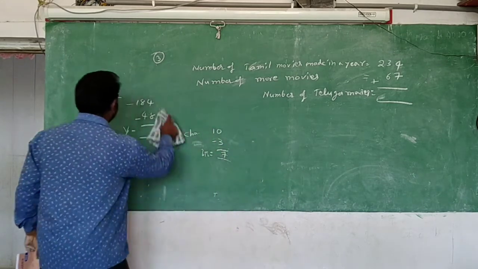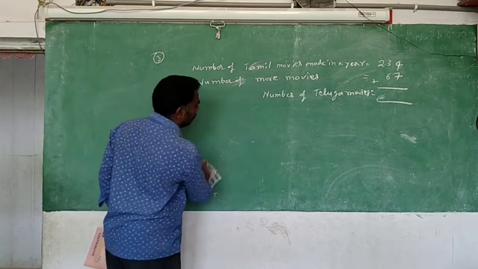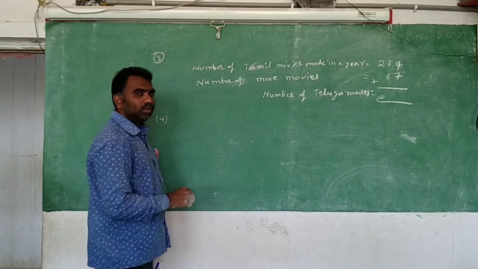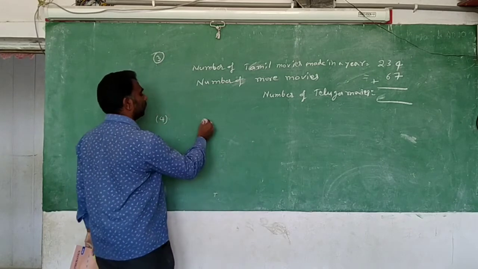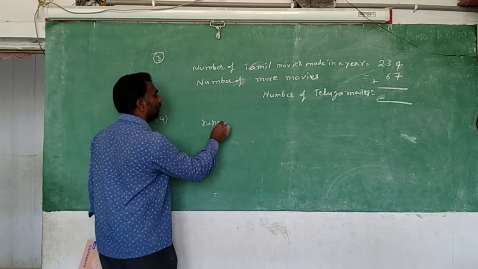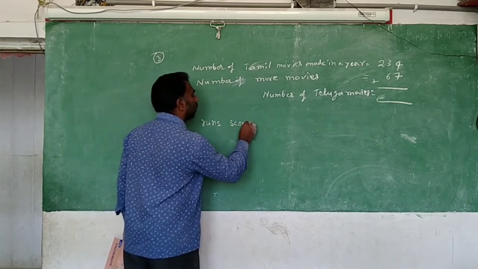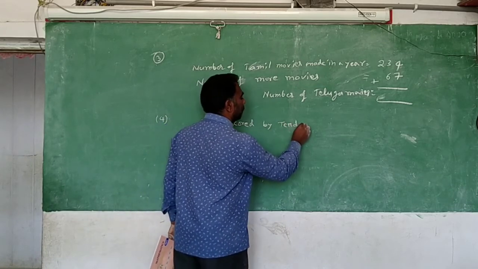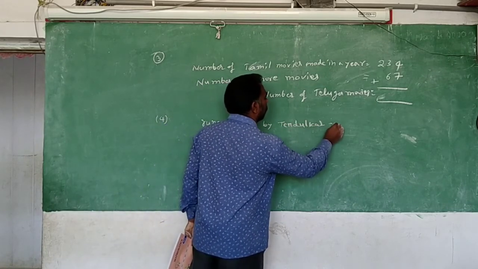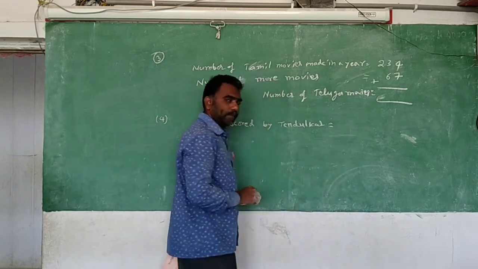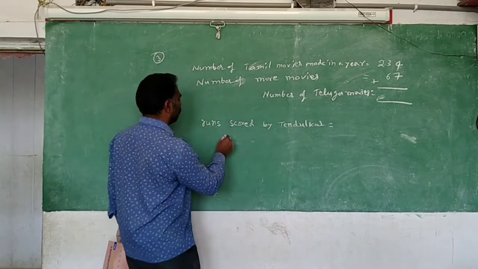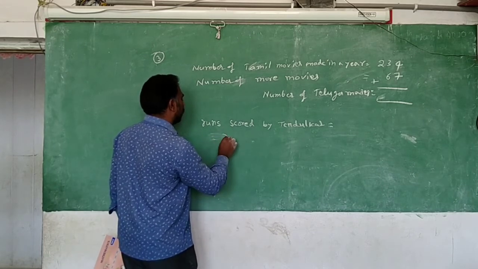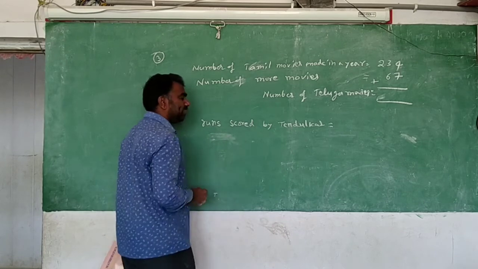Very good. So once you listen, I will write the steps, then you do the answer. So fourth question, what do you know first? Tendulkar runs scored. How many runs made by Tendulkar? You write it. Next. Now what he has given?